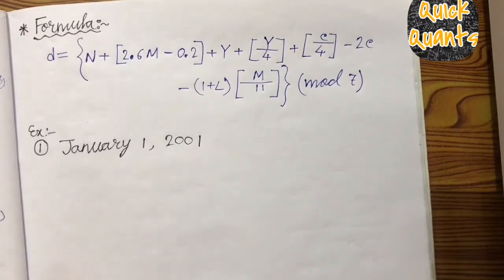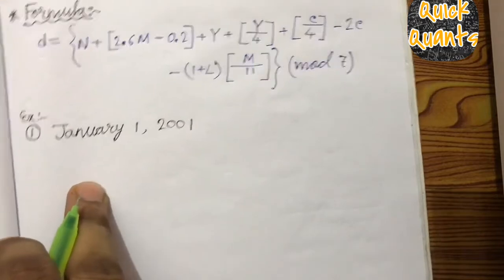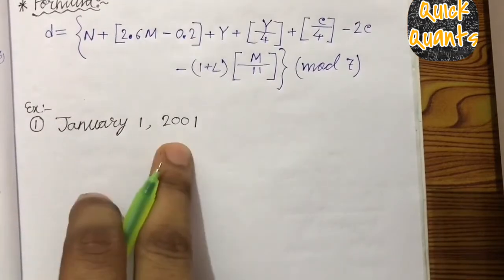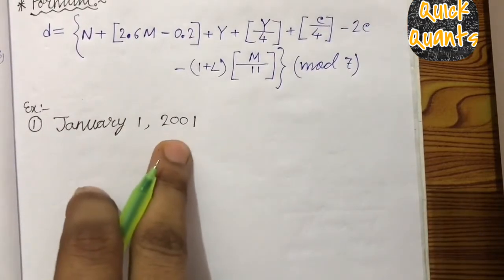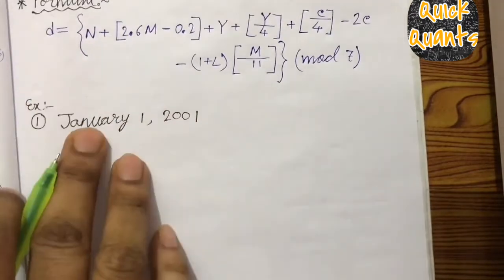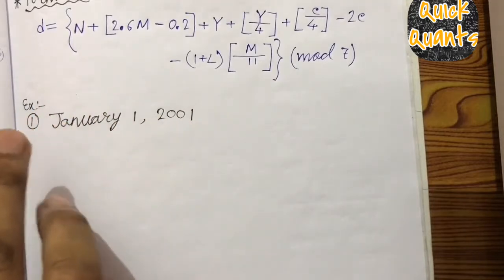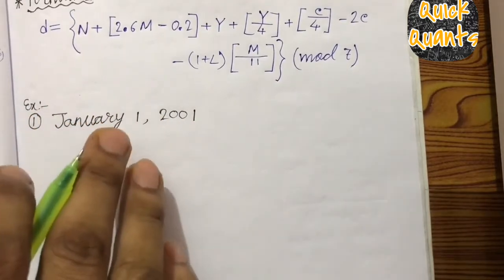At first we will calculate what the day was on 1st January 2001. We write this in the form given in the notation.